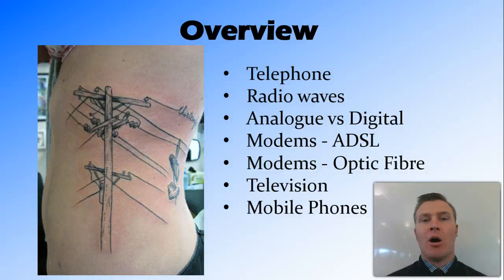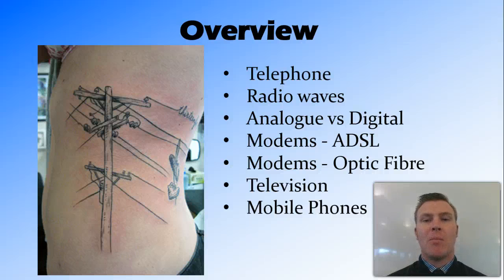We've looked at the optic fibre, which sends that digital signal using light waves through glass fibres, which is faster as well as allowing more data to be carried at once. We've looked at television signal, which is a digital signal in Australia, sent in the ultra high frequency and very high frequency ranges of radio waves.